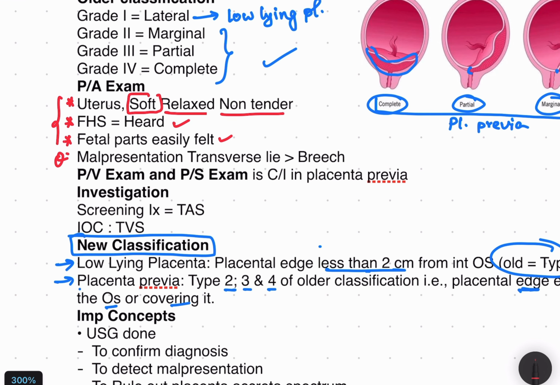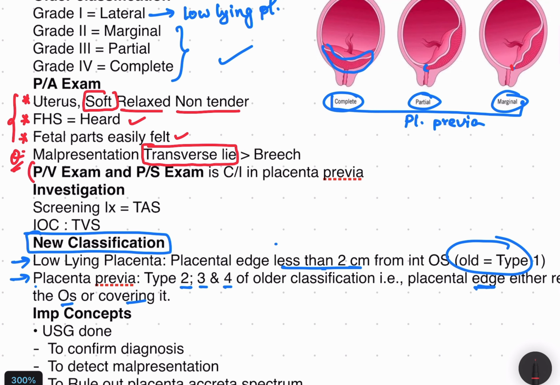One important question: the malpresentation seen in previa is transverse lie, which is the most common. As the placenta is touching the internal os or is in close vicinity of it, per vaginal examination or any kind of instrumentation is contraindicated in placenta previa.